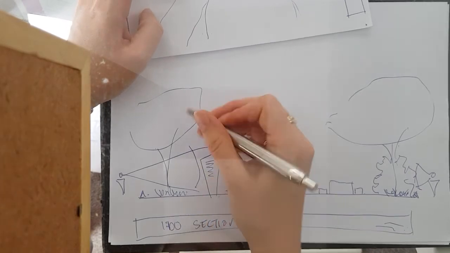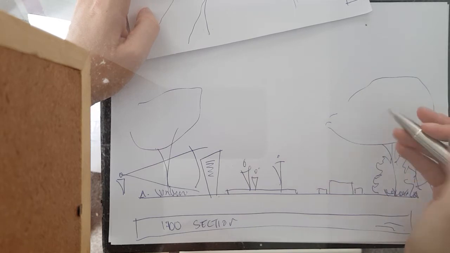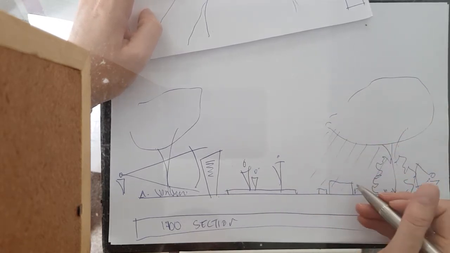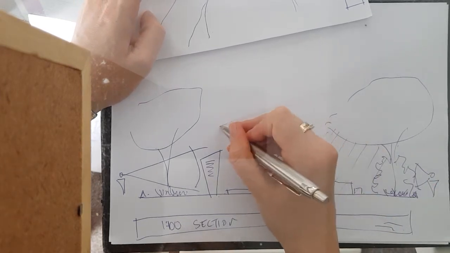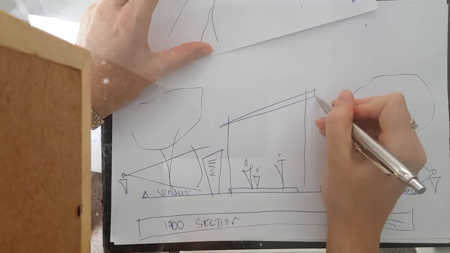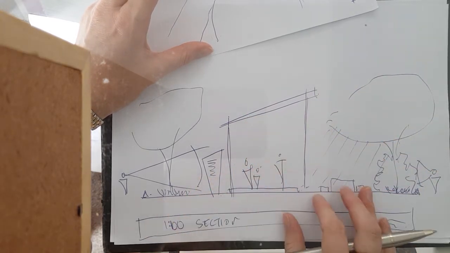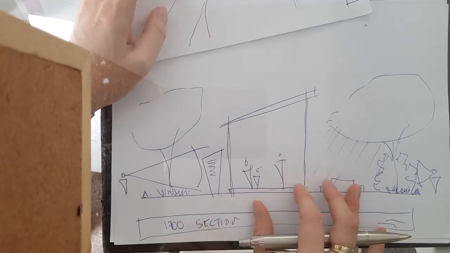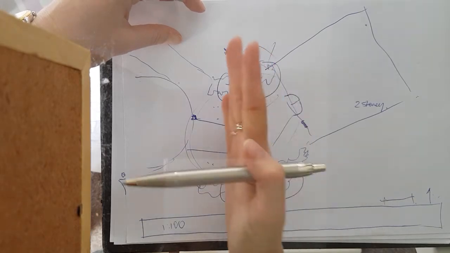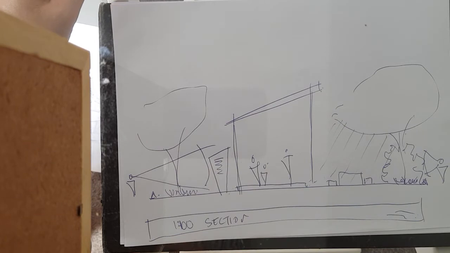So it's also looking at scale, like what does scale mean? A cross section is very good for indicating that clearly we've got these large trees, they're providing shade to our seating area. It may be that we have some sort of big arbor structure, for example, that may go over the top of the path, again to provide shade or protection from the weather. So the cross section is about providing that extra detail that the 1 to 100 plan has illustrated, but gives an example of what this would look like in a section sort of alignment.